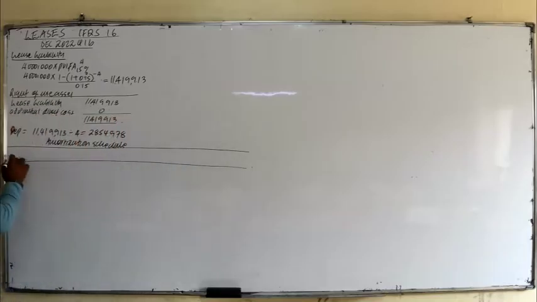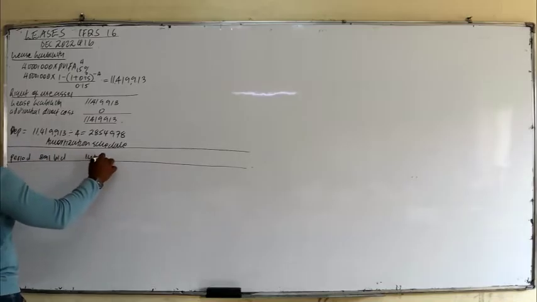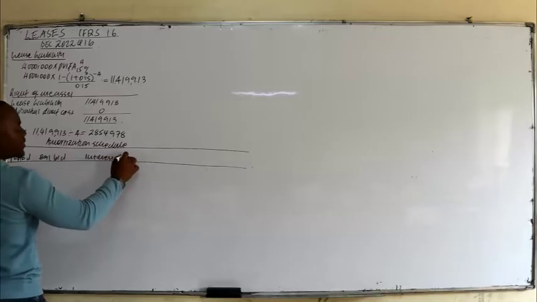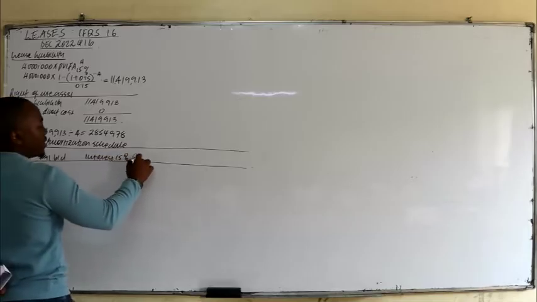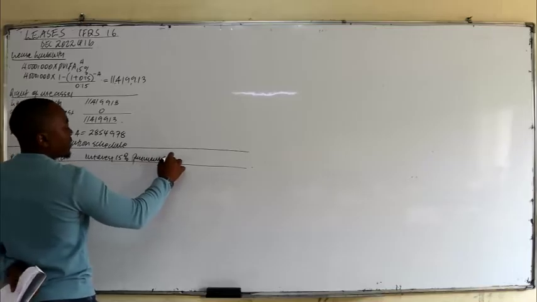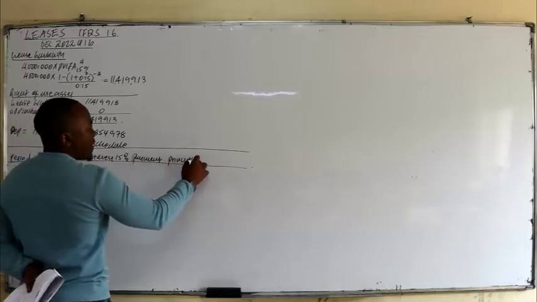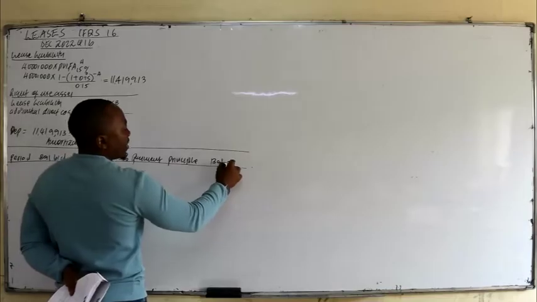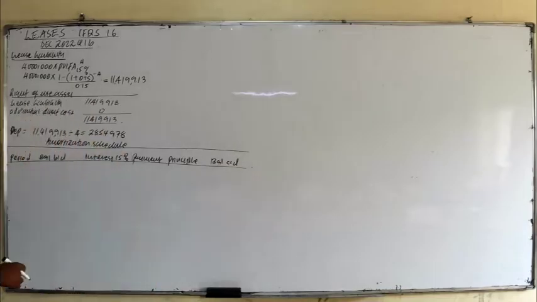So we have the period, then the balance brought down, interest at 15%, payment, principal, and then the balance carried down. It's for 4 years, commencing on 1st of July 2022.